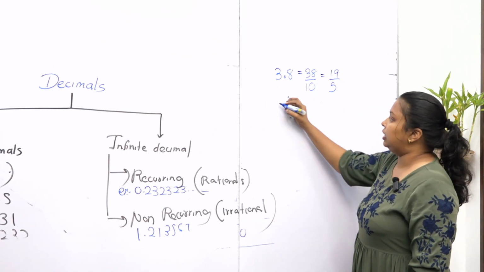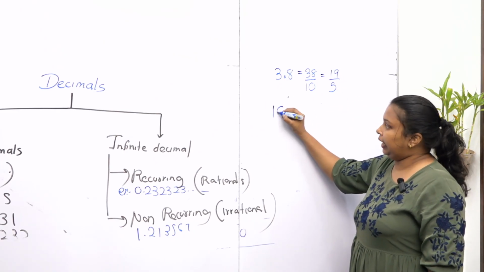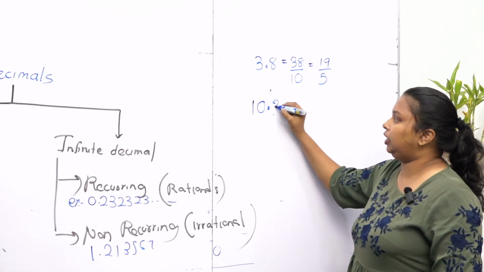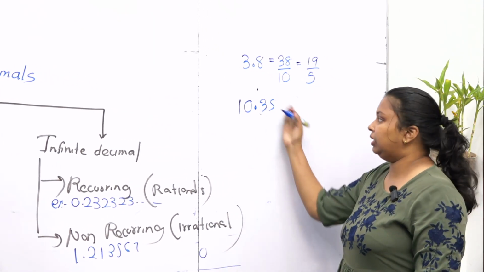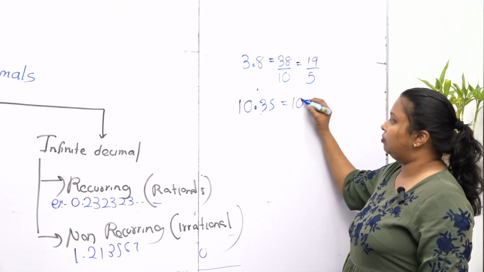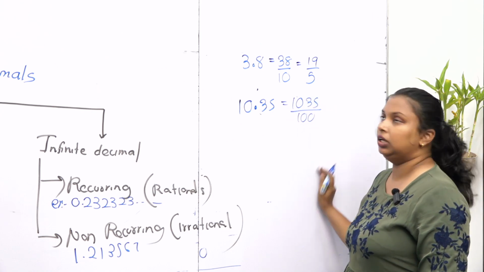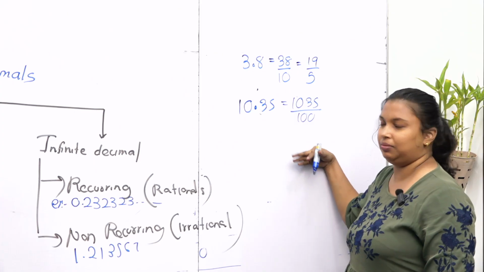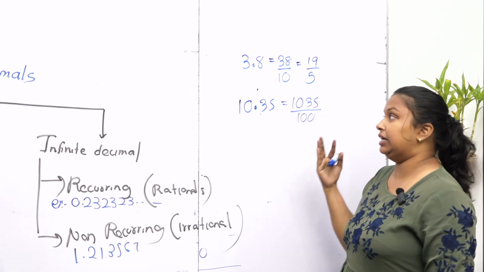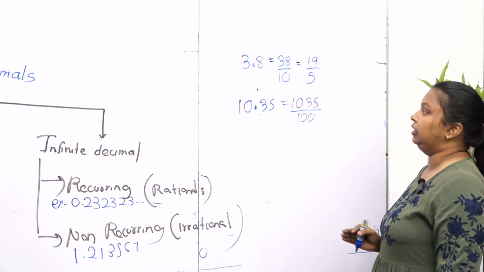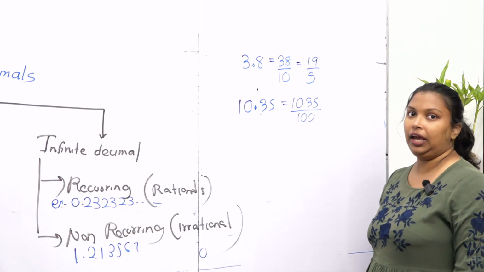Can you understand? Another one, 10.35. What is it as a decimal? 1035 divided by 100. Okay, so we can write it as a fraction. Simplify it and then we can write this as a fraction. So definitely this is a rational number. Can you understand?